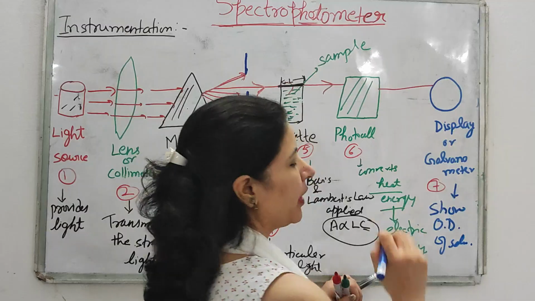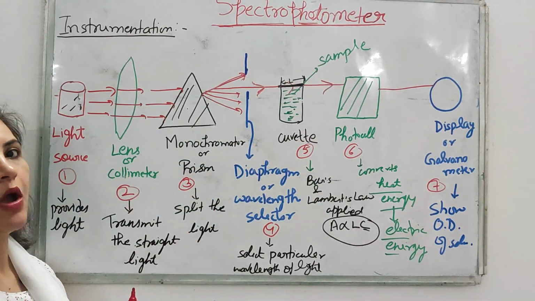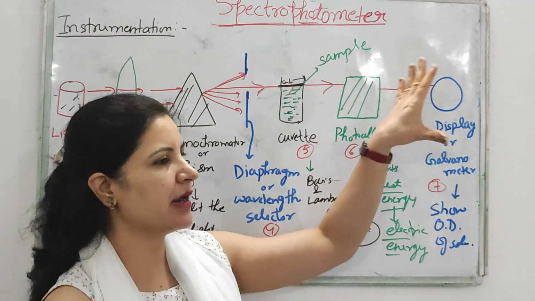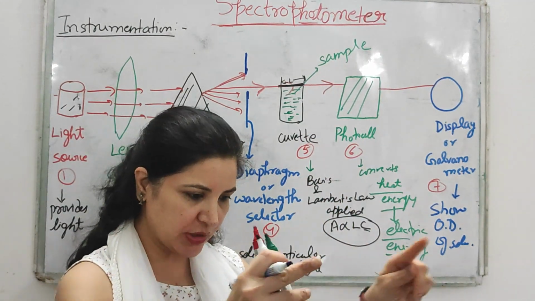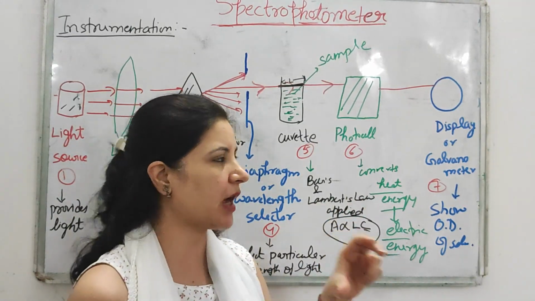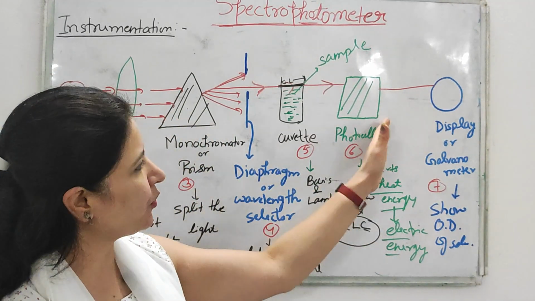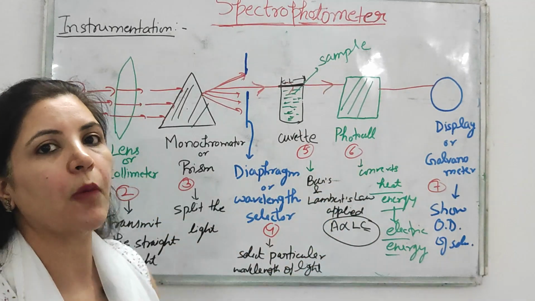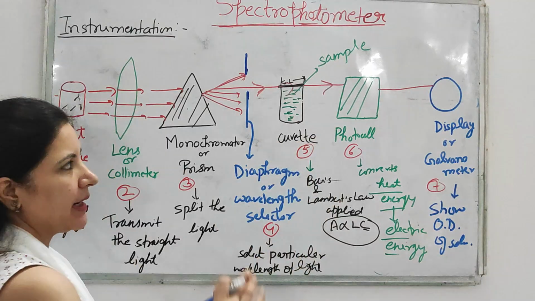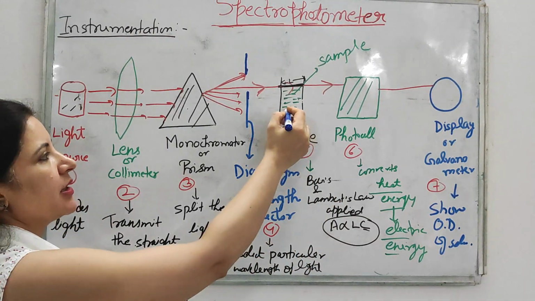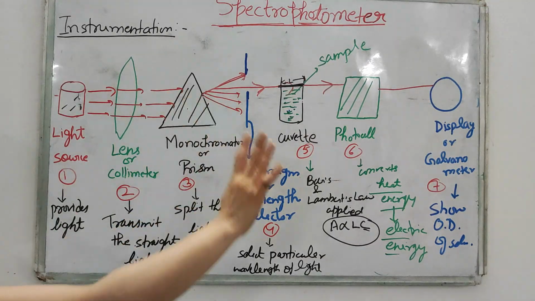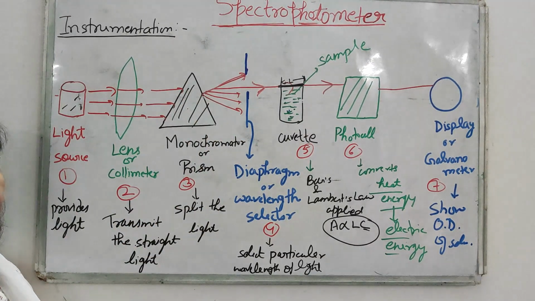Finally, this display will show the optical density of that unknown solution, and from that optical density we can easily calculate the concentration of the unknown sample. So this is the whole instrumentation of your spectrophotometer.